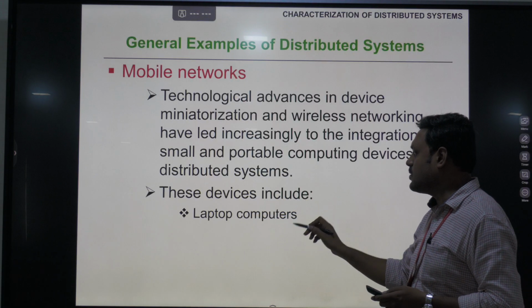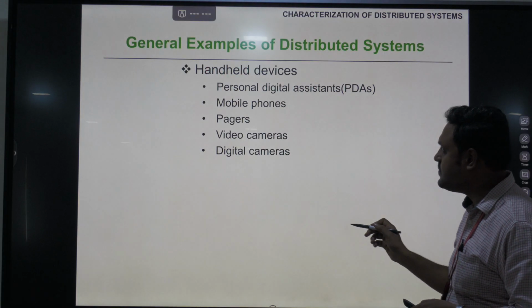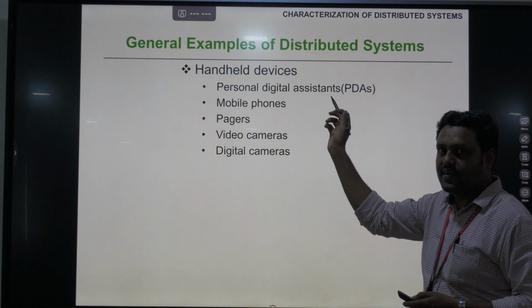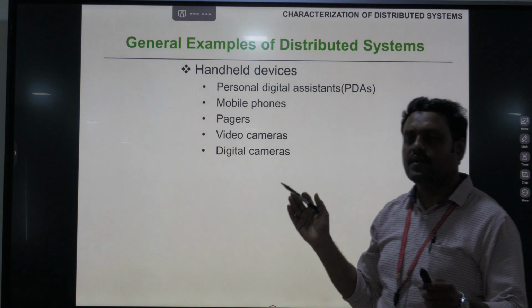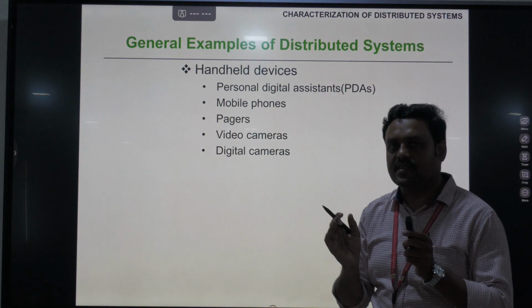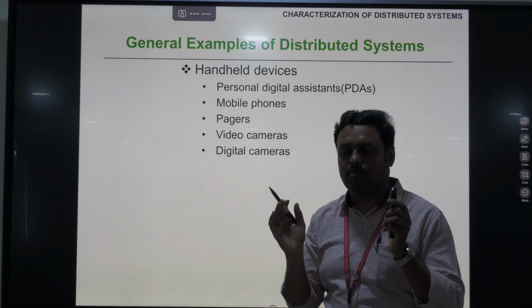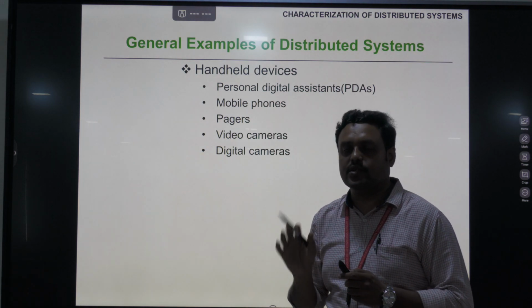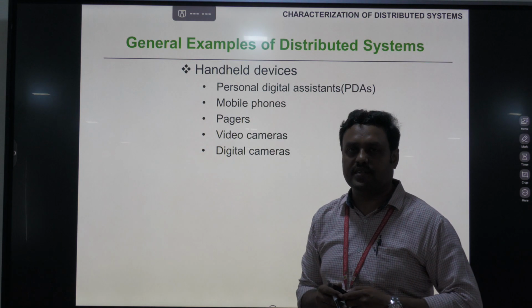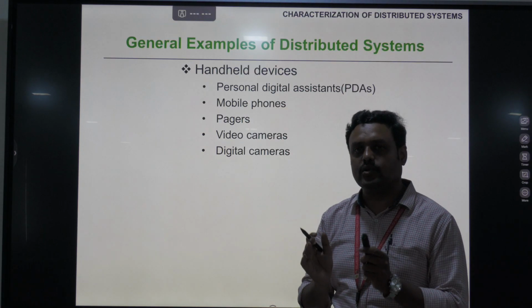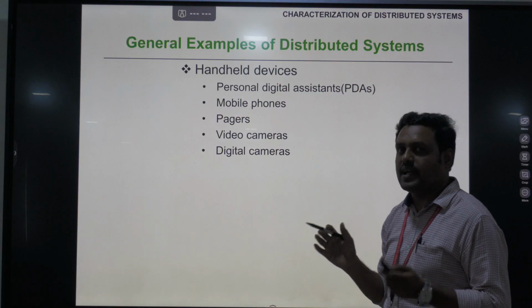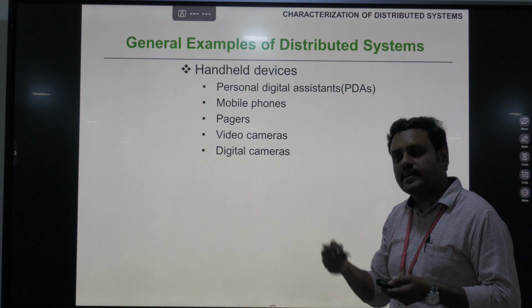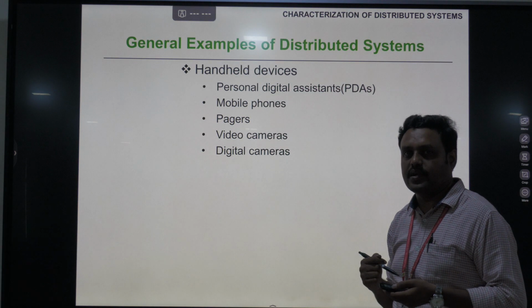So these devices include laptop computers and handheld devices. Laptops we all know, everyone is using laptops, which are mini systems, small systems. Previously we used to have big CRT monitors and all, right? Now it is reduced to a very small size. So all the laptops we carry are going to be a part of the distributed network.